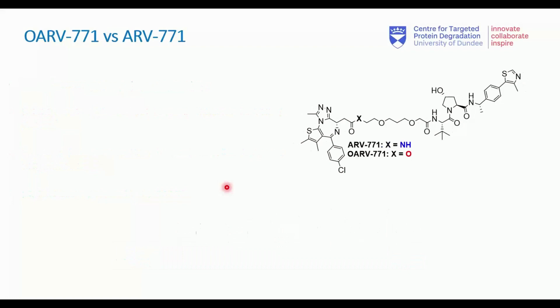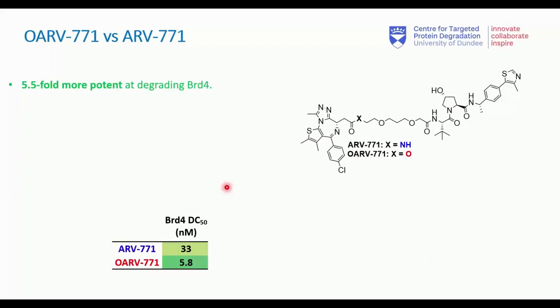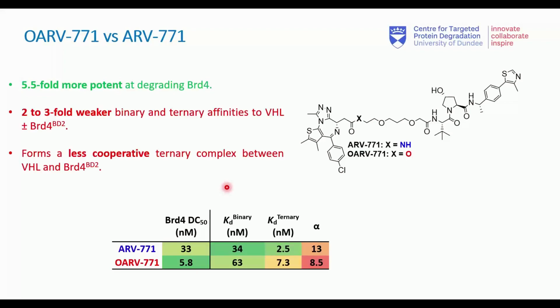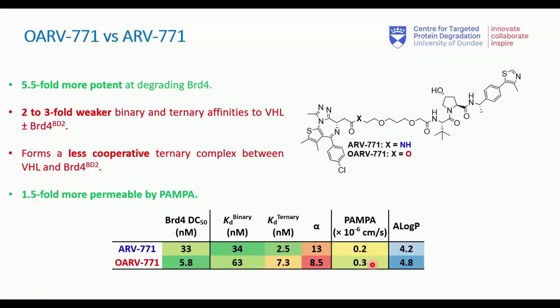Another example, the ester analog of ARV-771 is a lot more potent at degrading BRD4. It's weaker at binary and ternary binding to VHL with or without protein, forms less cooperative ternary complexes, and you can see that it's actually more permeable by PAMPA.